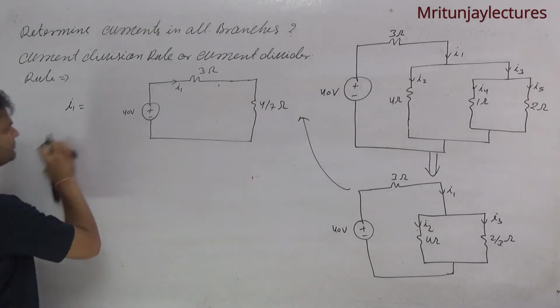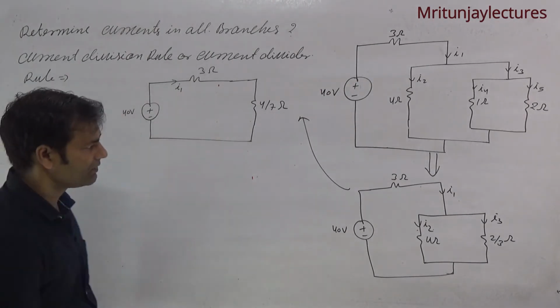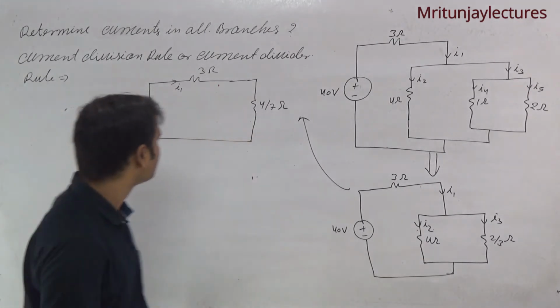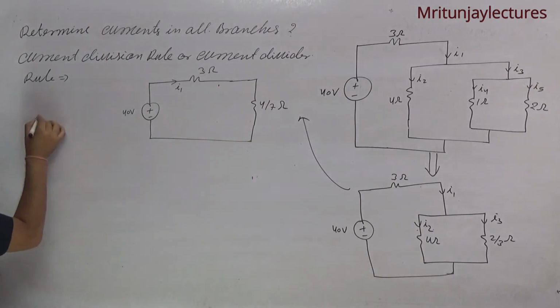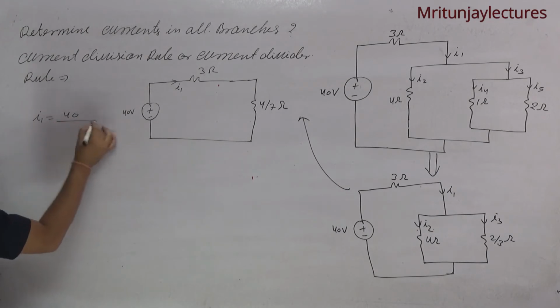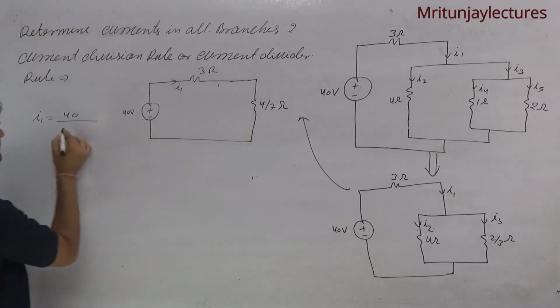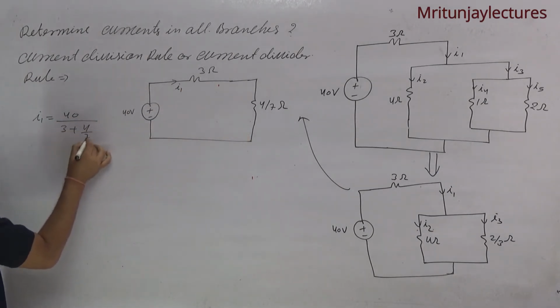Now first of all, determine I1. How to determine I1? I1 is equal to 40 divided by 3 plus 4 by 7.